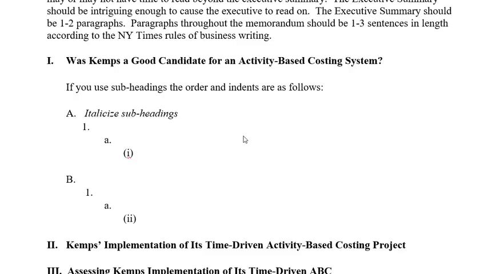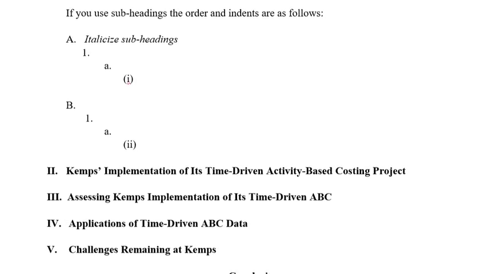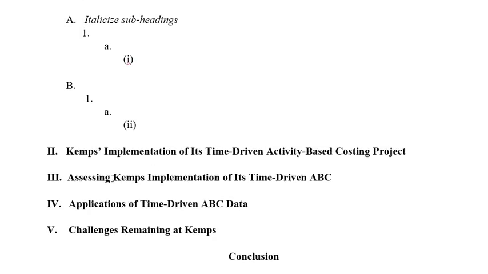If there's enough meat to create a separate section, either a main section or a subheading, well then I recommend using more headings. Okay? Now notice again, each main heading is bolded, and we use Roman numerals to differentiate them.